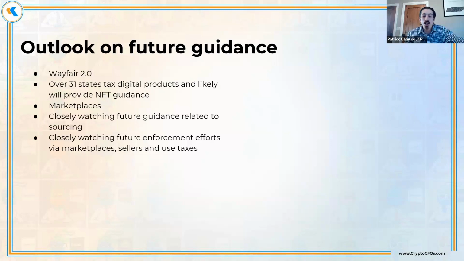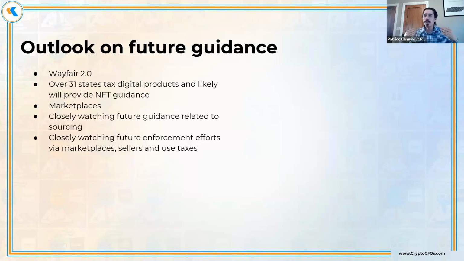Washington has somewhat addressed this issue in their interim guidance with their sourcing hierarchy, where it's a 5-point sourcing hierarchy, where the last point is that if you don't collect the address and you don't have any of the buyer's information, then the sourcing reverts back to the seller's address.